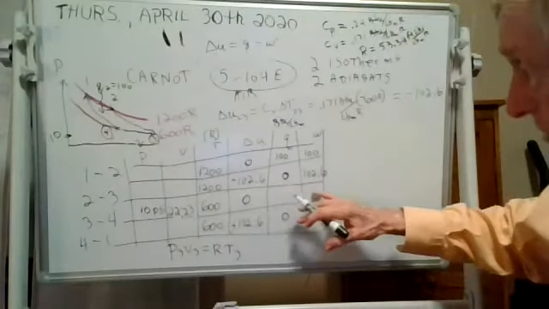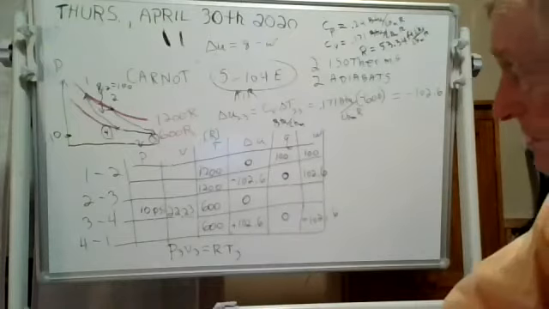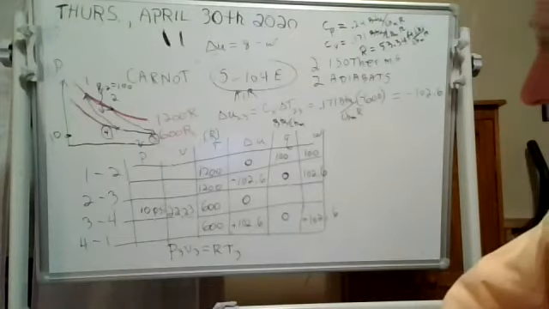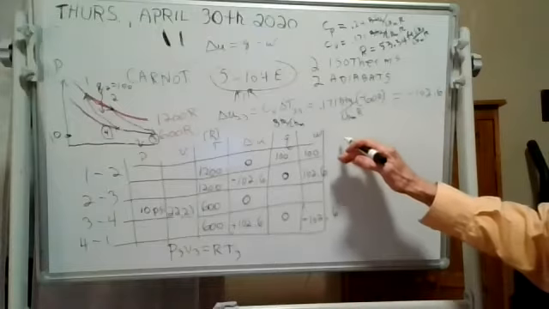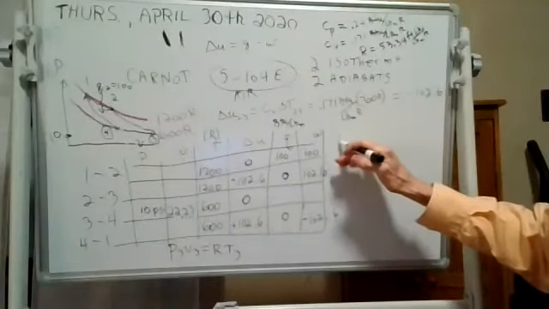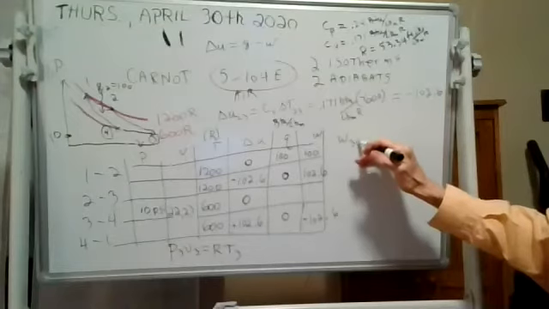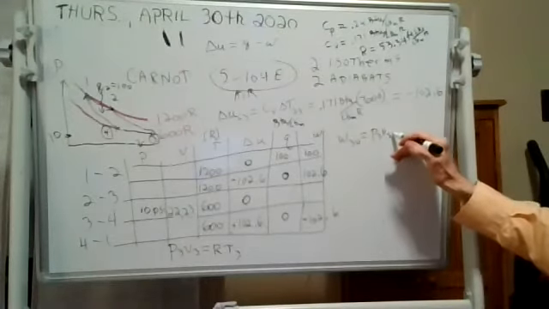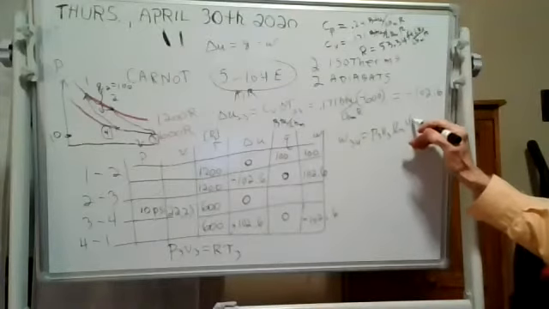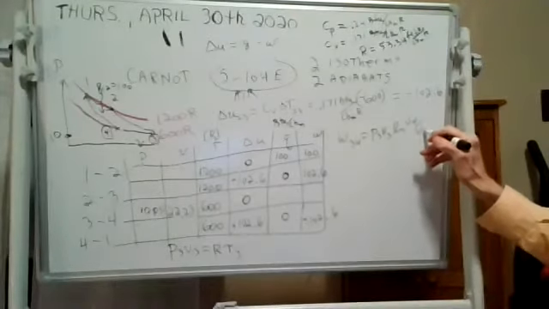Let's see what this stuff is here. What is that, 3 to 4? There are a couple of ways we could do that. One way is the work from 3 to 4 is equal to P3 V3 natural log of V4 over V3.